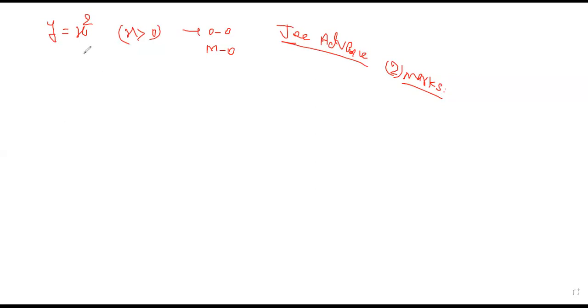You will know the graph of x square, but we have to solve here only for x greater than 0. So you will take only this part. This is one one. So the answer is one one.